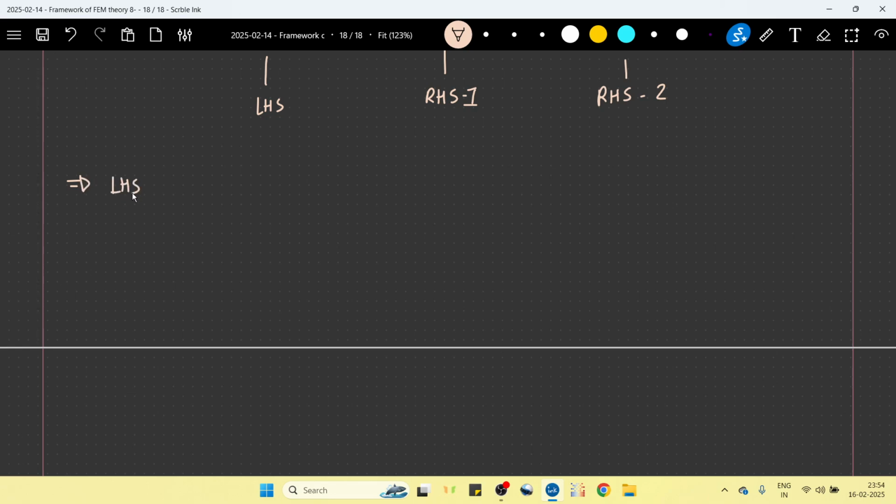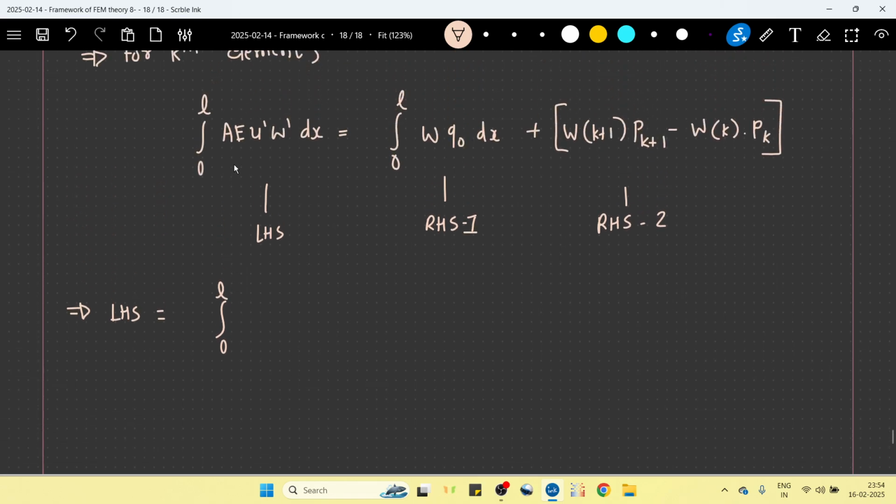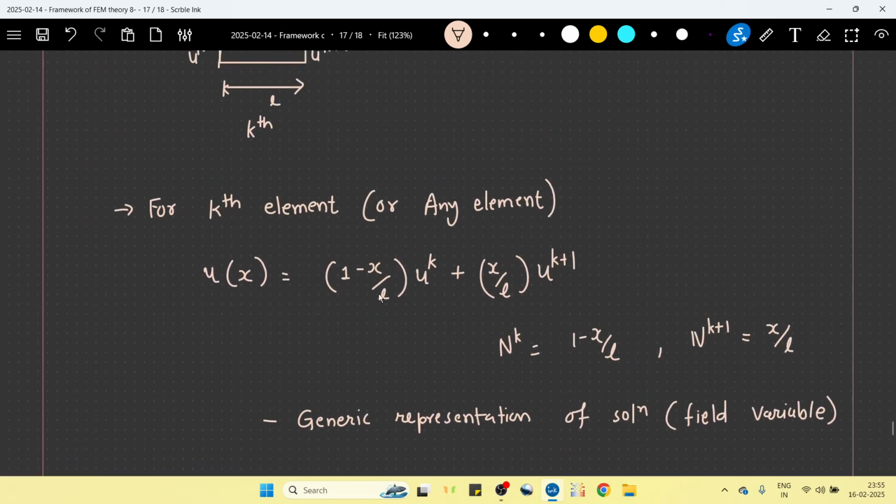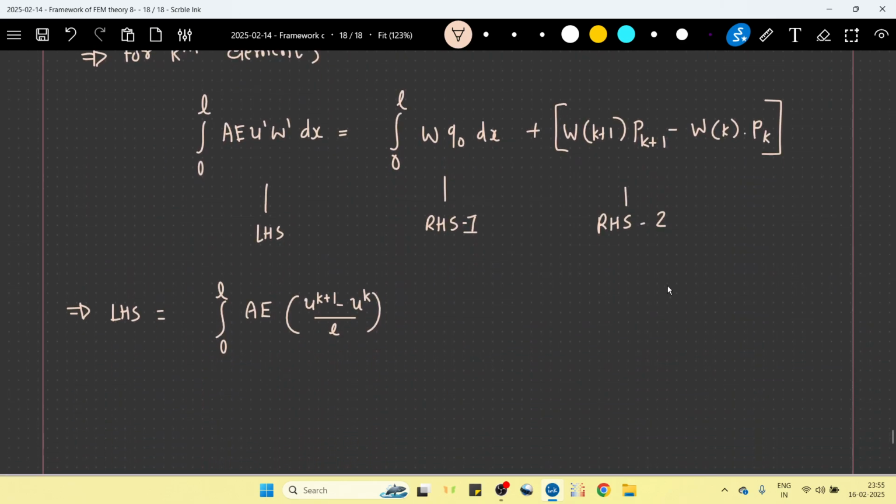So one by one, first I will take LHS is equal to integral 0 to L of AE, u dash, which is nothing but (uk plus 1 minus uk) divided by L. If I just take the derivative of u of x, it will be minus uk by L plus uk plus 1 by L. Similarly, as you know, the weighting function as per the Galerkin idea is the same as the solution or trial function.